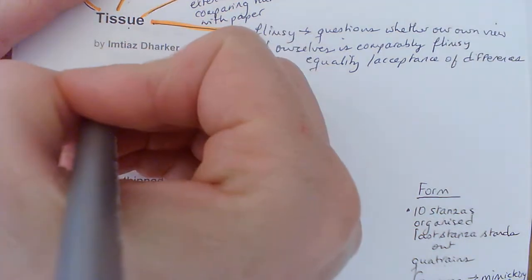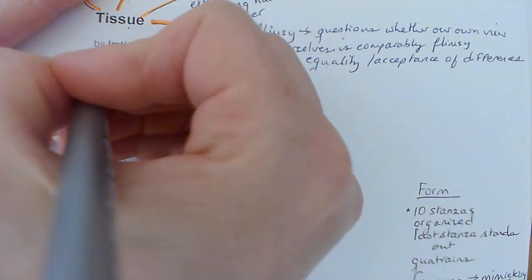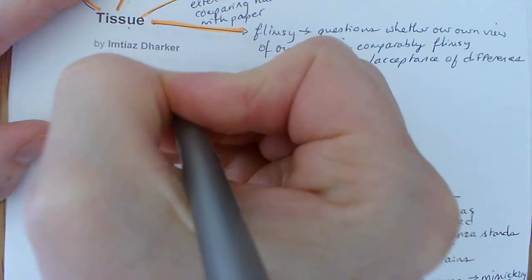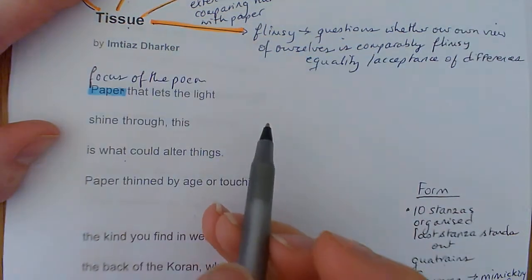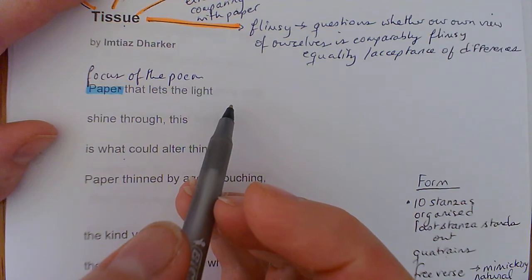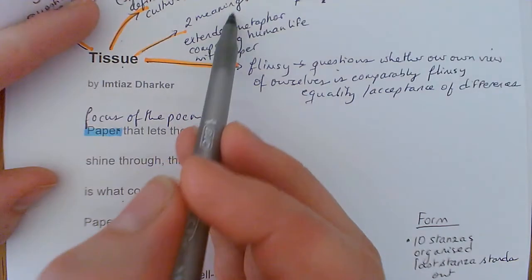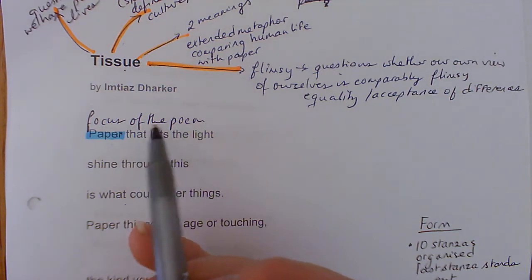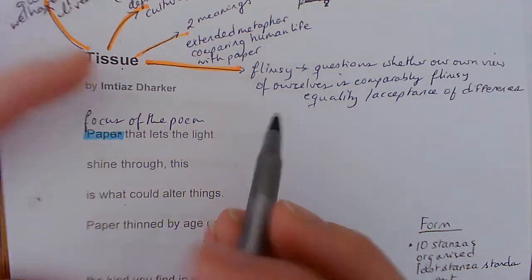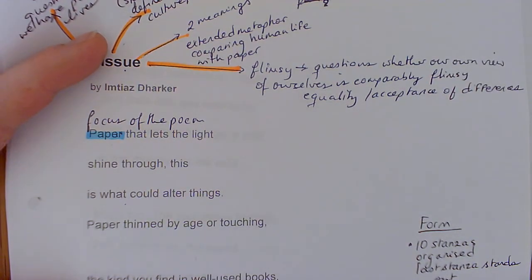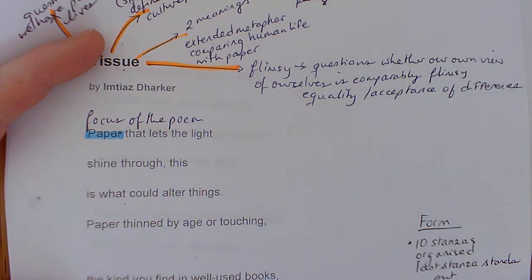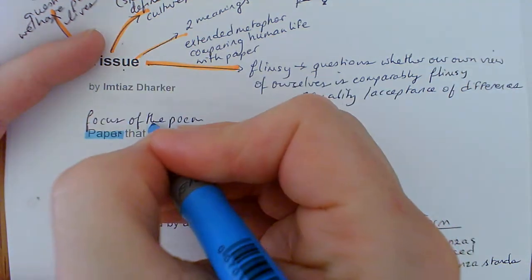Paper is clearly the focus of the poem, okay? That's not really something you would need to write other than in the message, where you would say that the extended metaphor gives you more idea what the real focus of the poem is. However, if we consider that paper lets the light, I'm going to say alliteration.